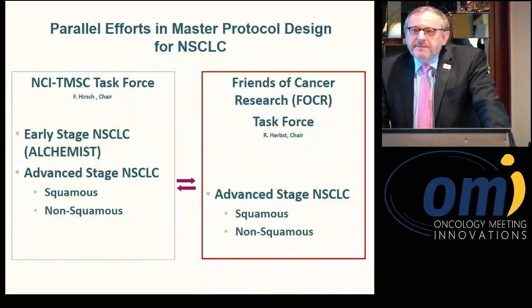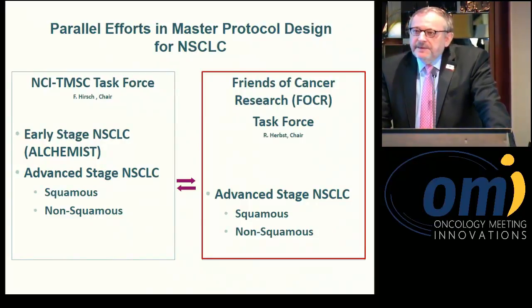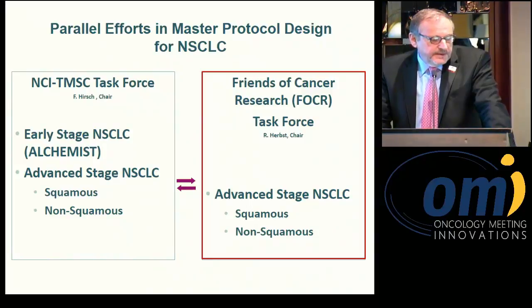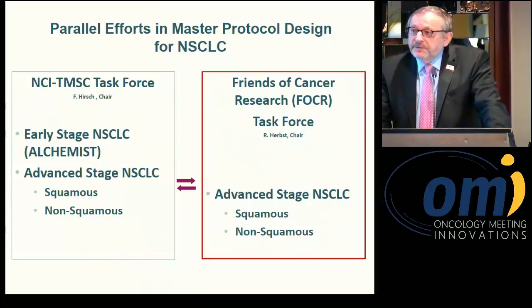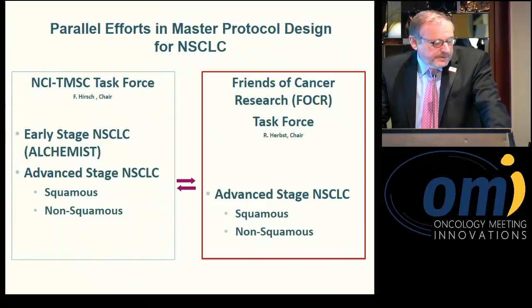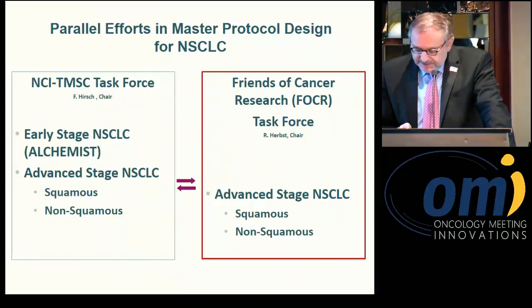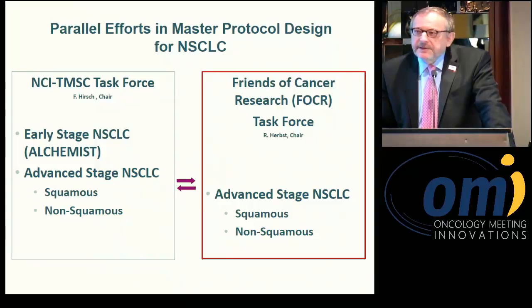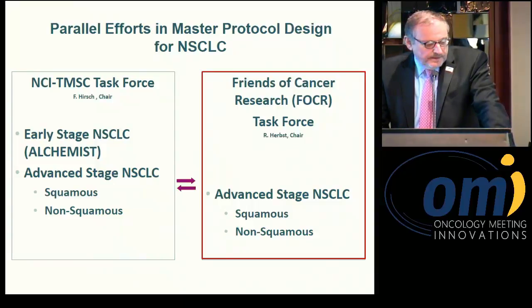Now, at the same time we were discussing master protocols in this setting, the group Friends of Cancer Research had a task force also, and they worked with FDA on how to develop master protocols, and Roy Herbst was chairing this Friends of Cancer task force.